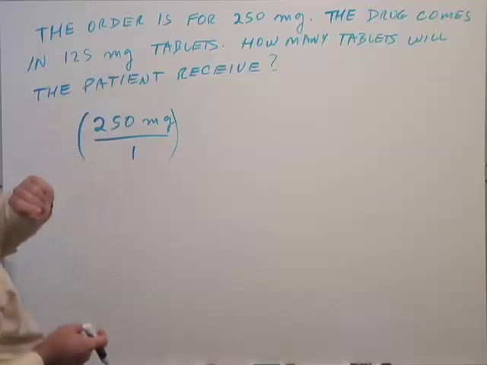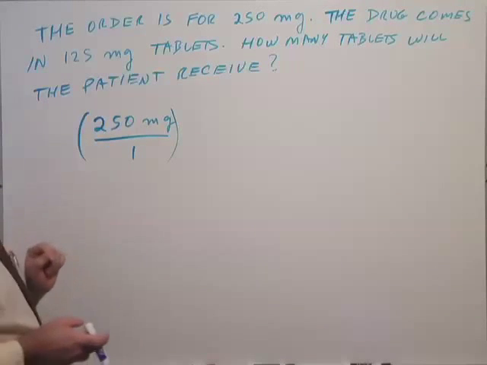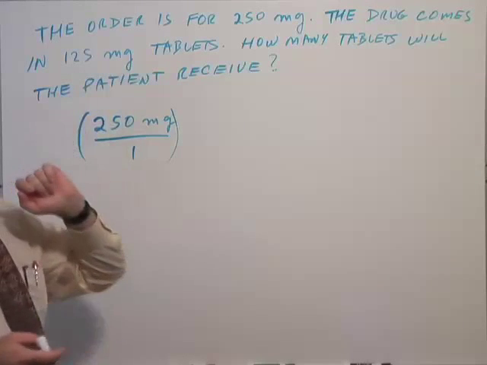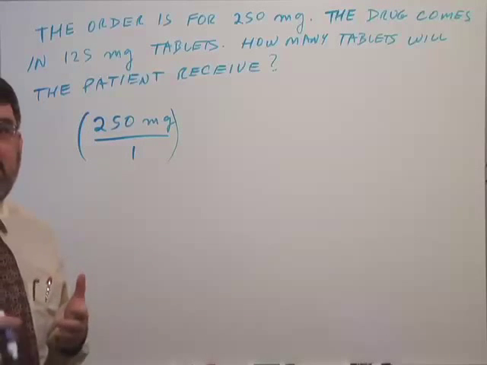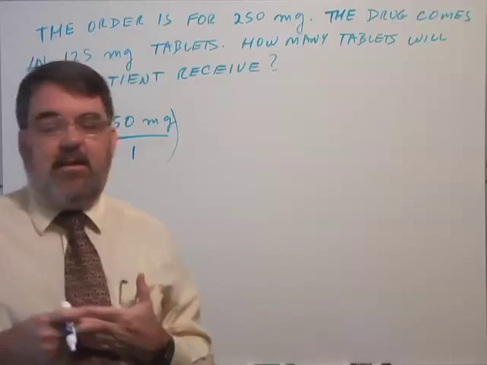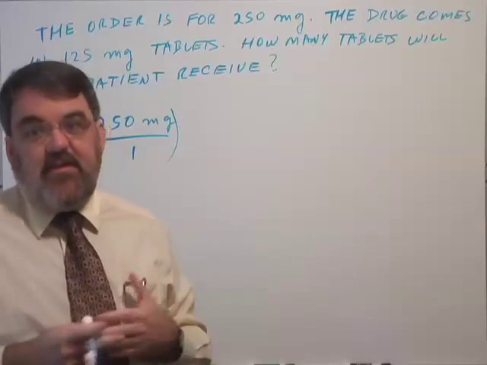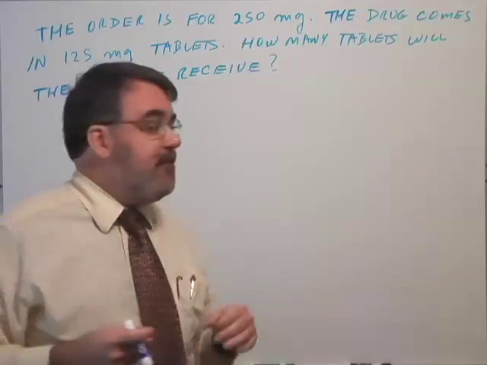Now, the drug comes in 125 milligram tablets. This is a drug concentration. A drug concentration is the amount of drug that's contained in a particular unit. In this case, our unit is tablets.